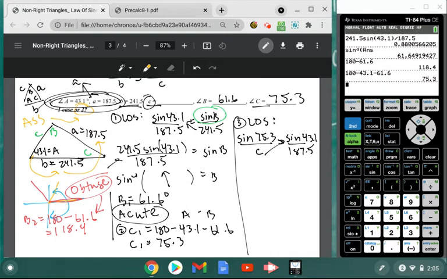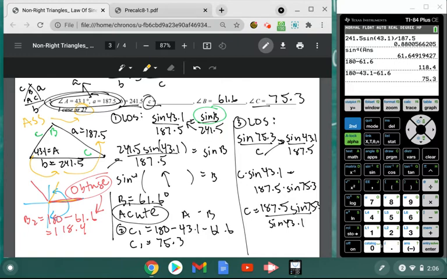Cross multiplying, I get C times the sine of 43.1 is equal to 187.5 times the sine of 75.3. So side C is going to be 187.5 times the sine of 75.3, divided by the sine of 43.1.